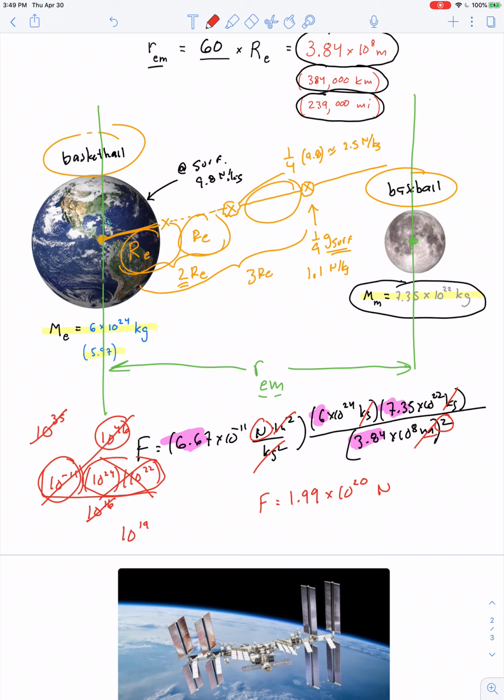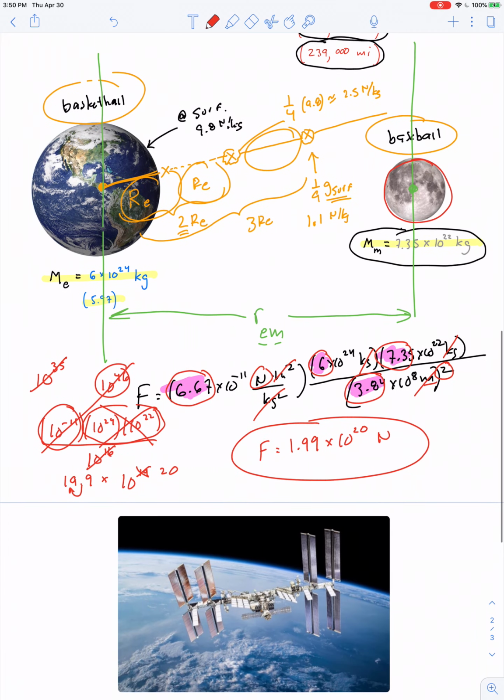And so we could then multiply the 6.67 times 6 times 7.35 and divide by 3.84 squared, and that's going to give us 19.9 times 10 to the 19th, and so we can borrow a power of 10 here. Call this 10 to the 20th and move that decimal over one place. Either way, we find that it's an extremely large amount of force, but then again, it's being applied to a very large amount of mass.